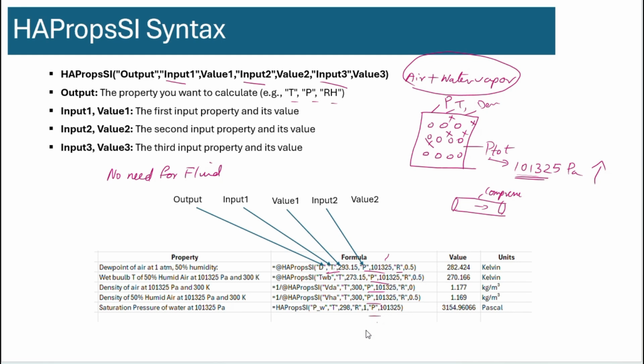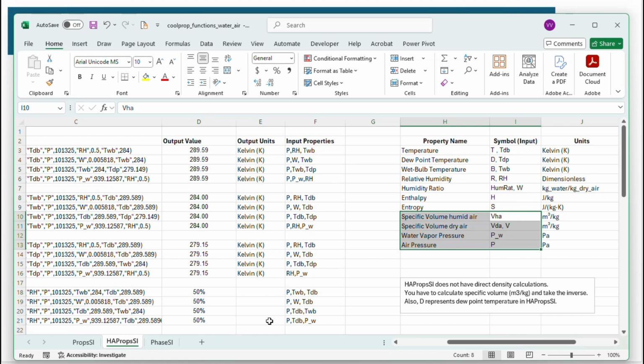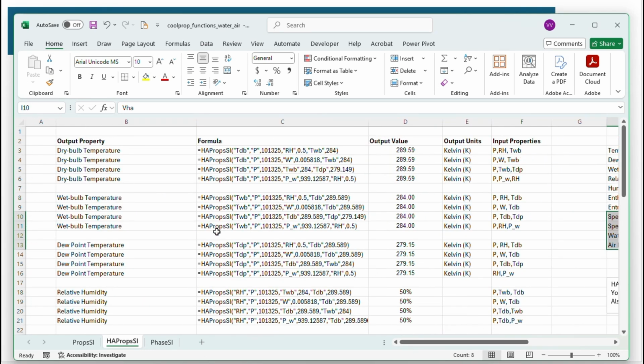Now let's look at some examples from the Excel file. So you go to the HAPropsSI tab, you can see several parameters being calculated using several combinations of properties. So there's a dry bulb temperature being calculated using different ways.